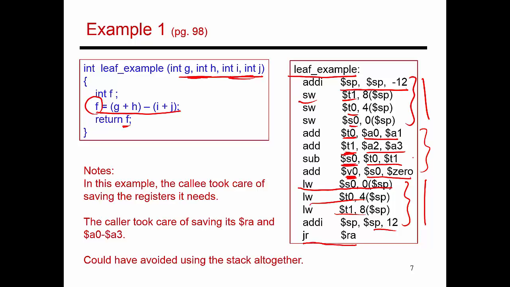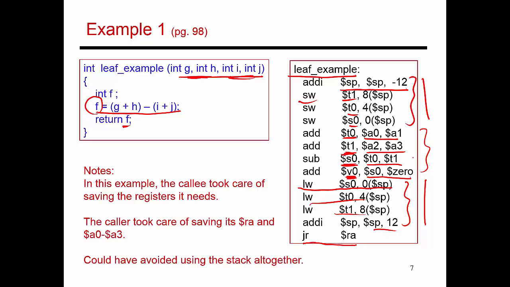So the caller should be careful to not place anything important in those registers. And in fact, the caller should assume that when you call a procedure, that new procedure is likely to overwrite whatever you had in those temporary registers. And so you can expect garbage when that procedure comes back and returns control back to you.